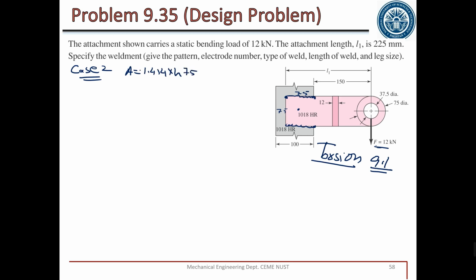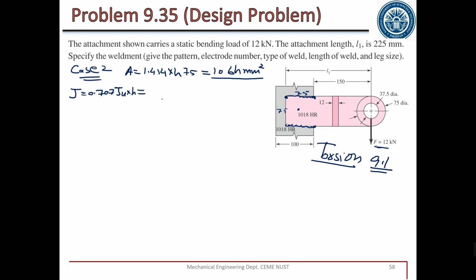So the final area, if we substitute all the values, is 106h. So this is the area of this weld. Secondly, we need to check the value of J. J is equal to 0.707h times J_u.